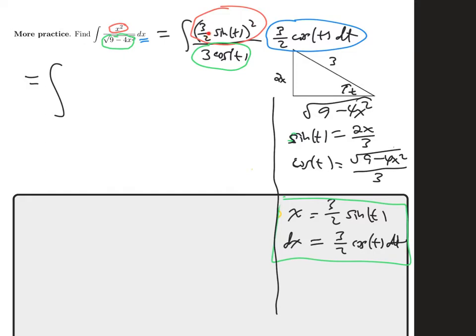So that's 3/2 times 3/2 times 3/2, and then divided by 3. So that's a lot of constants bumping around. So I'll have 9/8 will be the constant that's left from doing that. This cosine of t is going to cancel with this cosine of t. And then all I'll have left is the sine of t squared in the numerator.